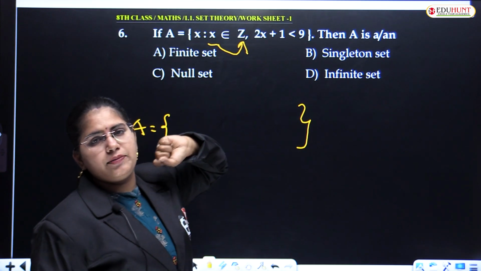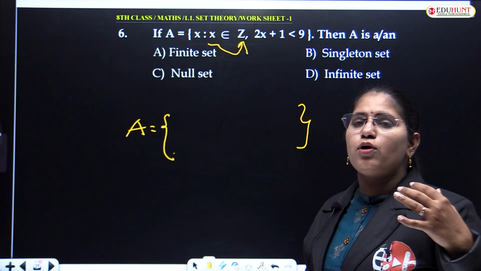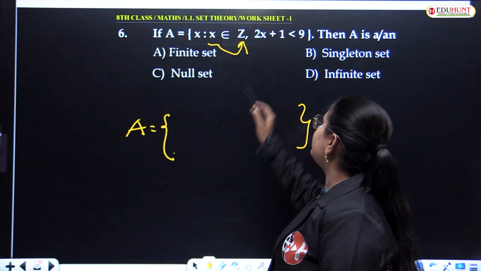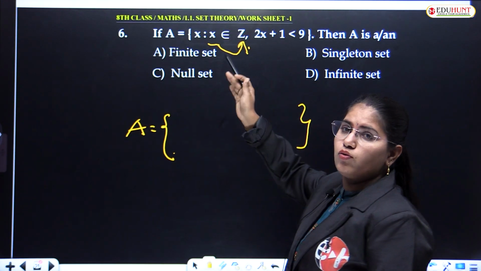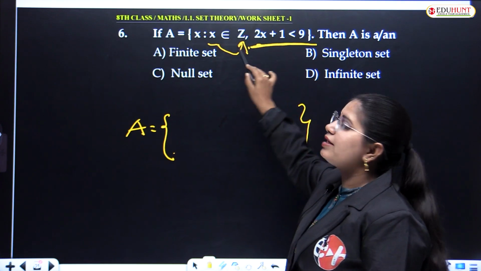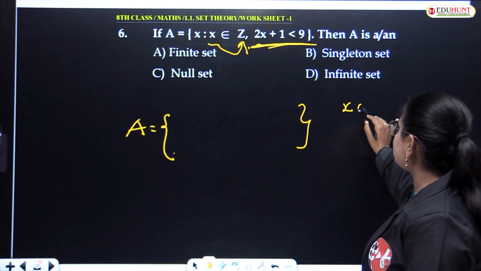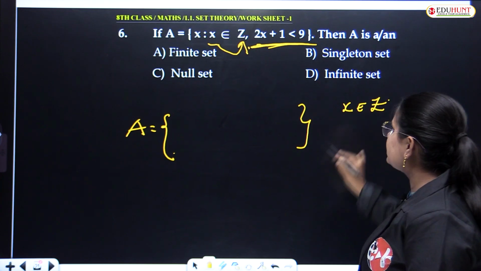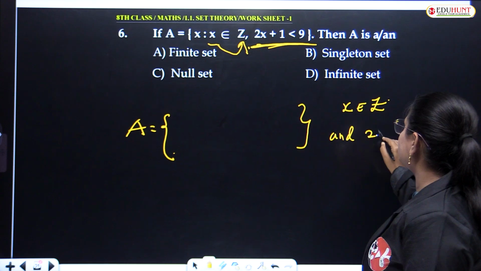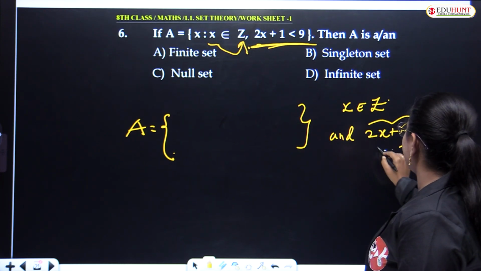Excellent, students. So that element x belongs to the integers, and whatever x I am considering should also satisfy this inequality. So I have to take such x which belongs to the set of integers, and at the same time I also should take x values which satisfy this inequality.